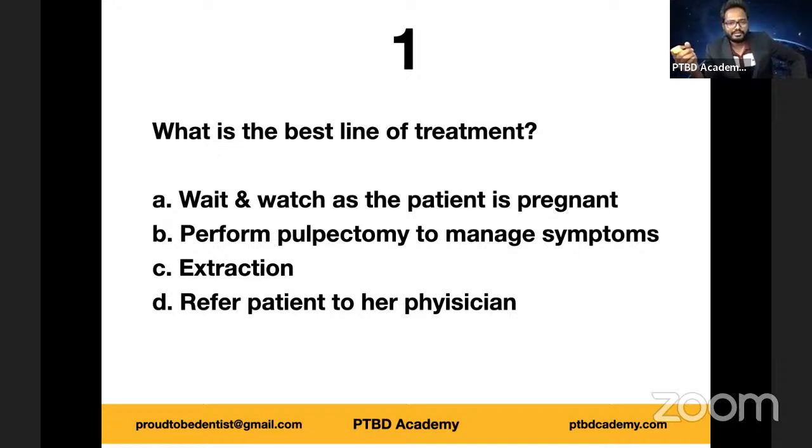So what do you say? Should we refer the patient to a physician for consent, or should we symptomatically manage this particular case by choosing option B, or should we just wait and watch so that she can get her treatment completed after delivery, or should we just go for extraction? So which one of the following options do you think is more appropriate answer?